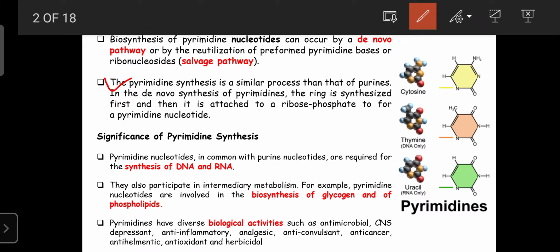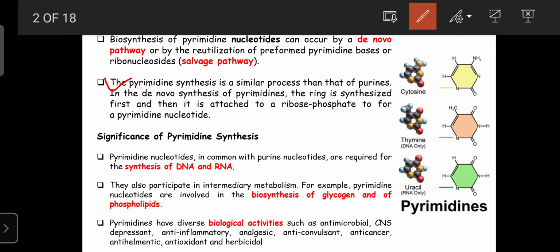The pathways are the same, the de novo pathway as well as the salvage pathway. Both pathways are present in the synthesis of purines as well as pyrimidines, and even certain synthesis of a basic molecule. In purine biosynthesis, we first require IMP, the inosine monophosphate.